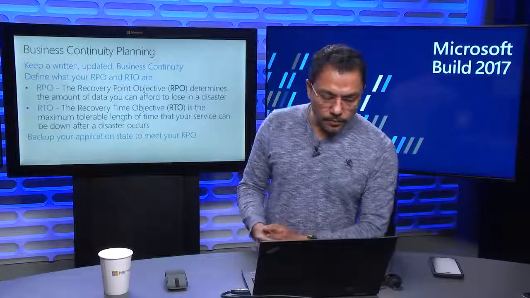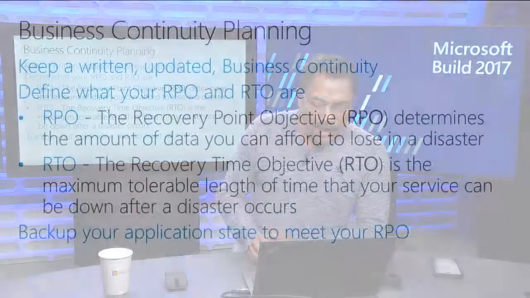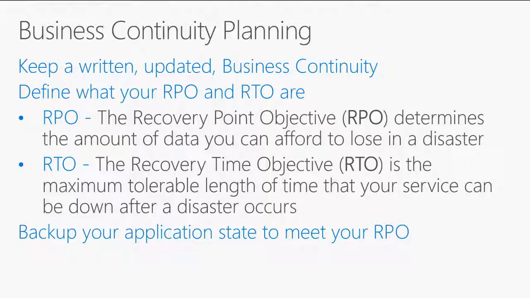RTO. RTO, as I've defined it here, is the maximum tolerable length of time that your service can be down after a disaster occurs. From an operational or DevOps perspective, the way you should think about it is, what does it take for you to start in a new place and have your service up and running?